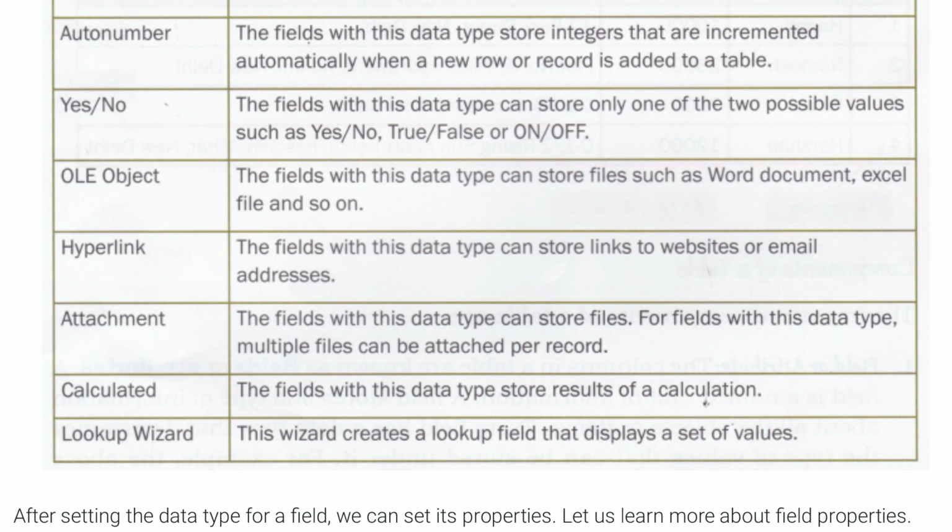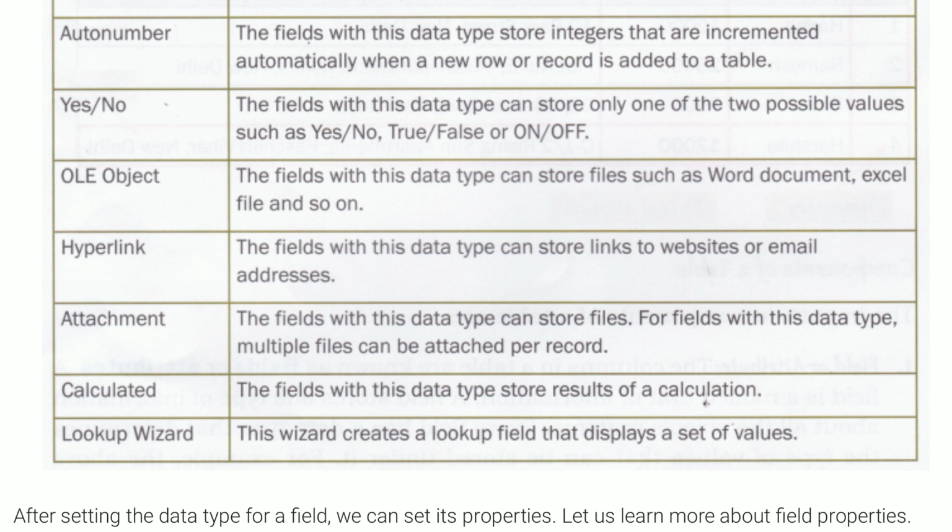Suppose that if we have created a table related to student, and at the time of entering the data we can also add the email ID of a particular student. When we store email ID in a column, it is created as a hyperlink. Next one data type is attachment.